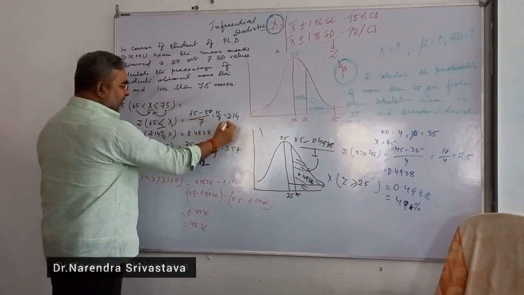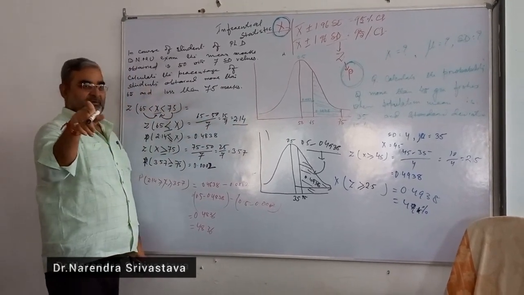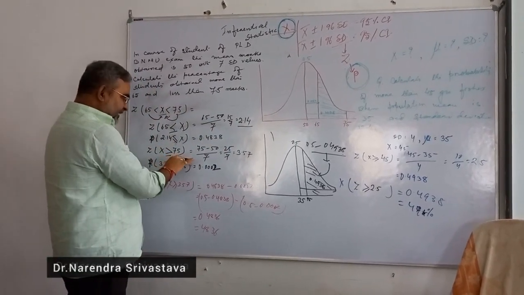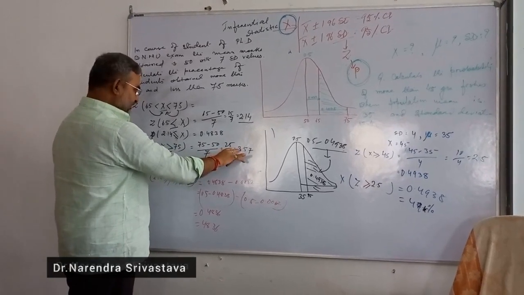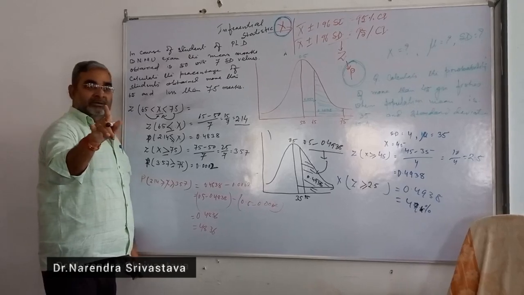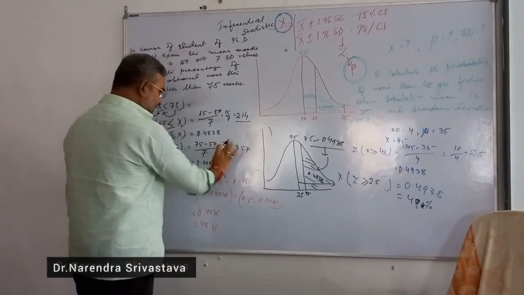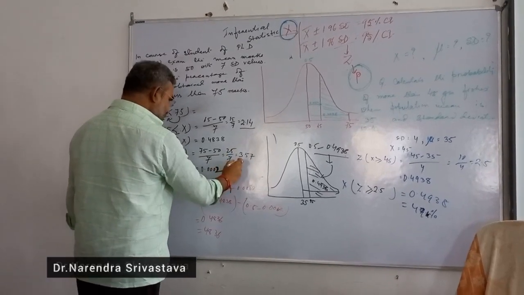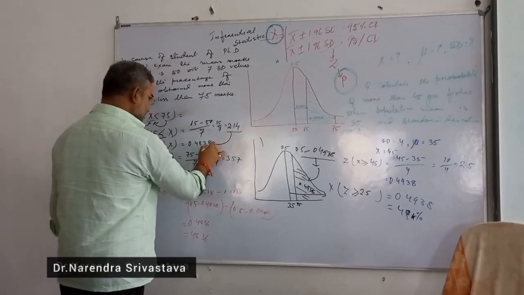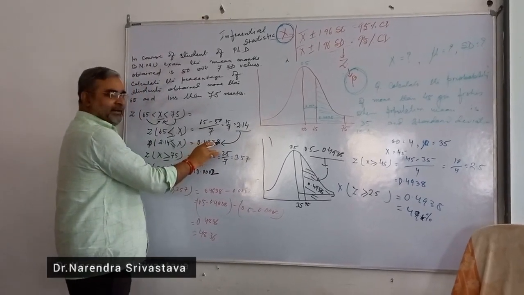For the 65, the value is 2.14 of the Z distribution. And for the 75, the value is 3.57 for the Z distribution. And here, the corresponding value of the distribution table for 2.14 is 0.4838.